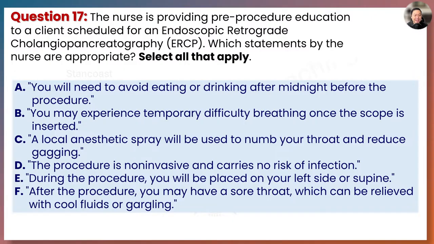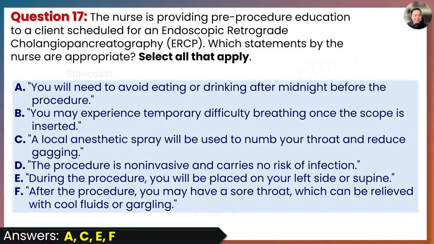C. A local anesthetic spray will be used to numb your throat and reduce gagging. D. The procedure is non-invasive and carries no risk of infection. E. During the procedure, you will be placed on your left side or supine. F. After the procedure, you may have a sore throat, which can be relieved with cool fluids or gargling. The answers are letters A, C, E, and F.